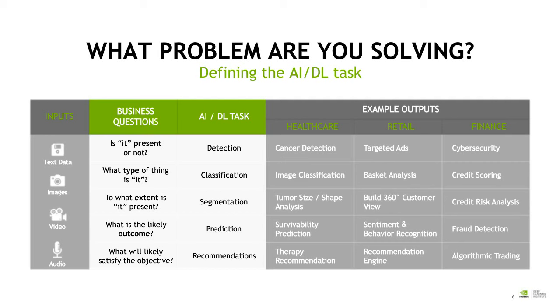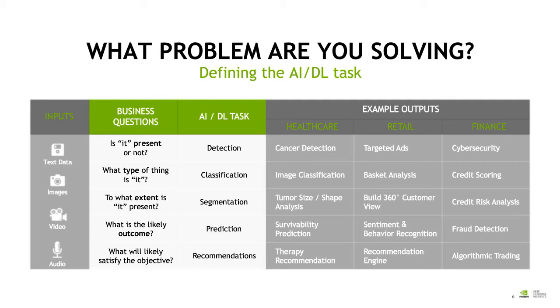If the question requires an answer describing what types of things are in each input, the task is classification. And if the question requires a shape or a volume as an answer, the task is segmentation, and so on.